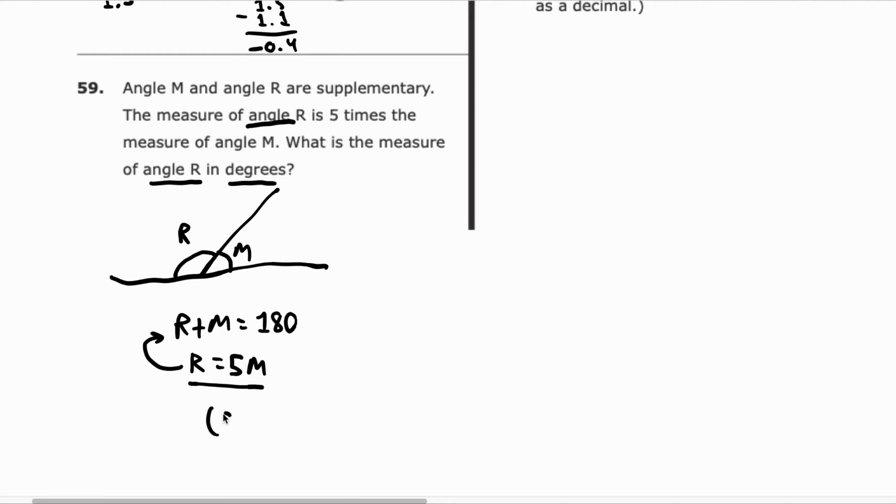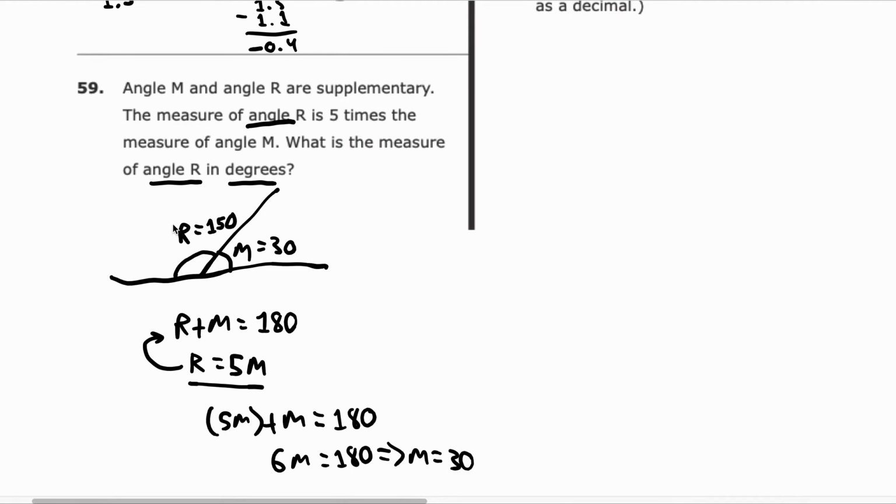We have 5M plus M equals 180. So 6M equals 180, and then M is 30. So if M is 30, then R would have to be 150 because these are supplementary angles. So that would be the measure of R and our answer.